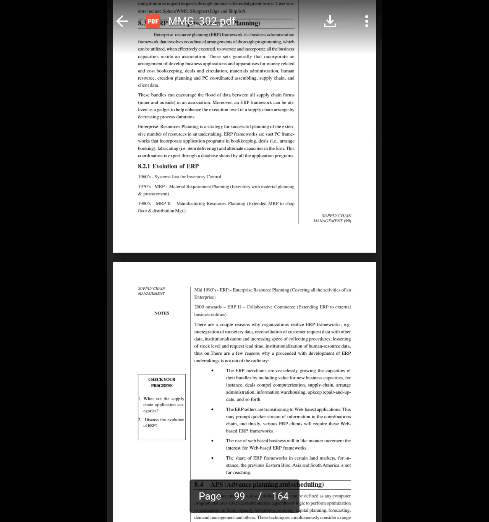It is generally an integrated arrangement of developed business applications and apparatus for financial and cost bookkeeping, sales and distribution, material administration, human resource, production planning, computer-integrated manufacturing, supply chain, and client data. Okay, now entrepreneur resource planning is a strategy for successful planning for the execution of a number of resources in the enterprise. The ERP framework is a vast computer framework that incorporates application programs in bookkeeping and sales.